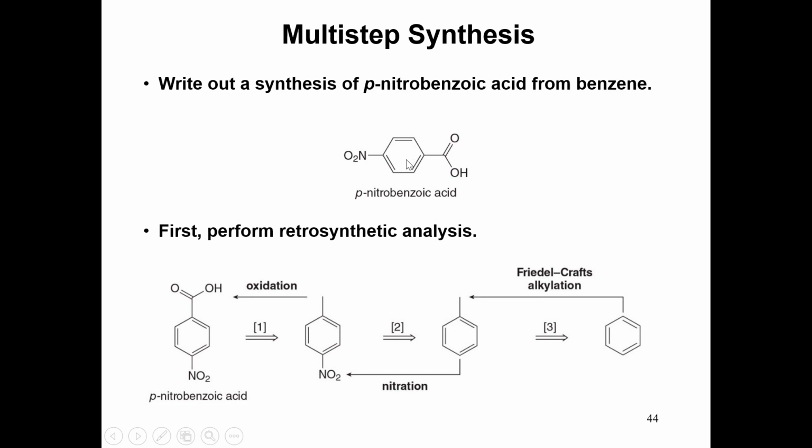The starting molecule very likely is benzene, so we can use benzene to make this molecule. Let's take a look at the two functional groups. One is nitro, the second one is an acid group here. For this type of reaction, as I talked about before, we want to think about it both ways. First, we have a benzene.